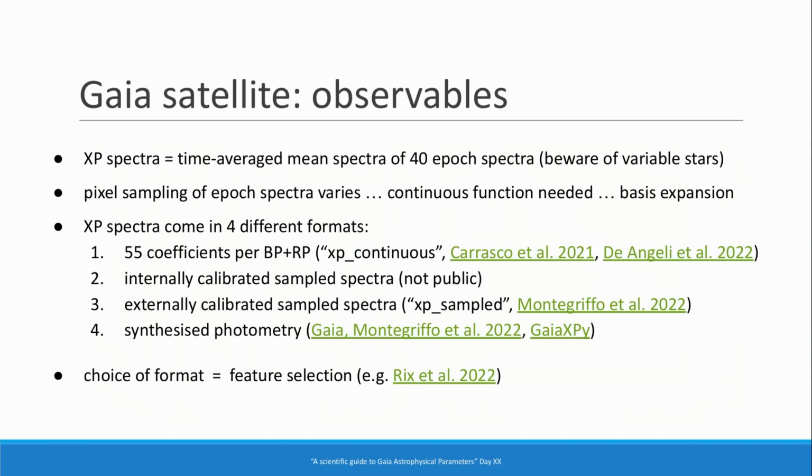And the fourth format of XP spectra is that you can use these XP coefficients that cover, if you remember, roughly 300 nanometers to 1050 nanometers.